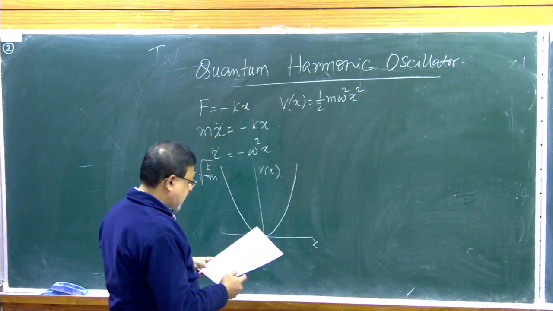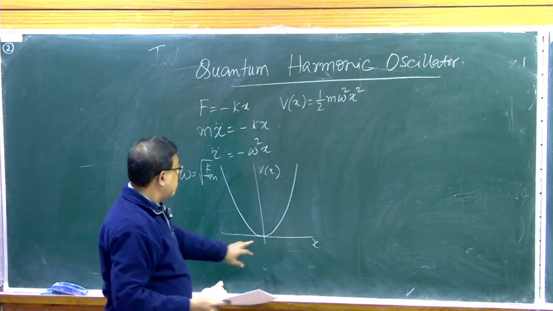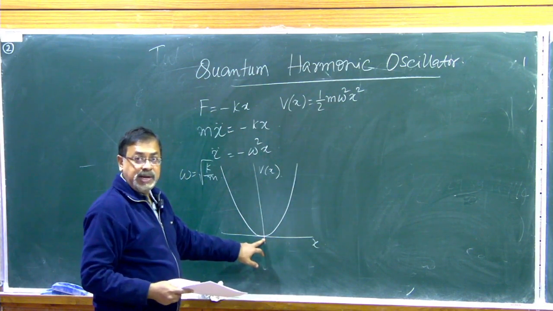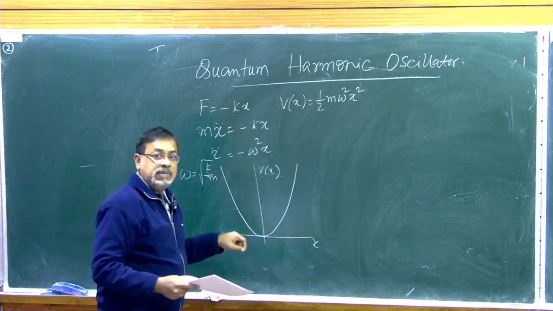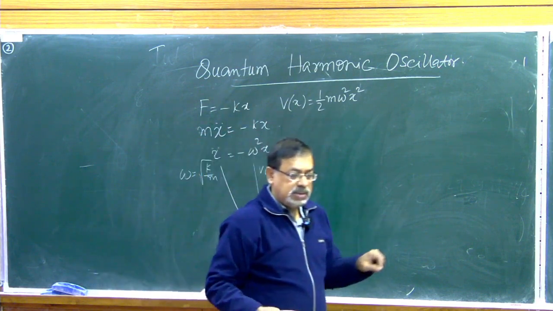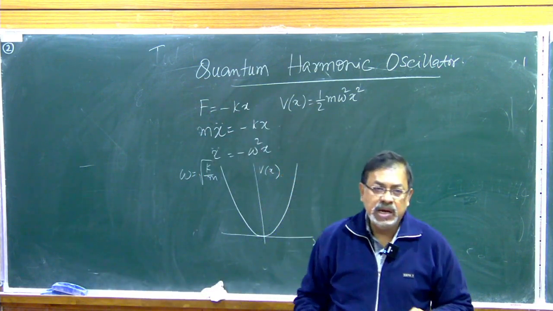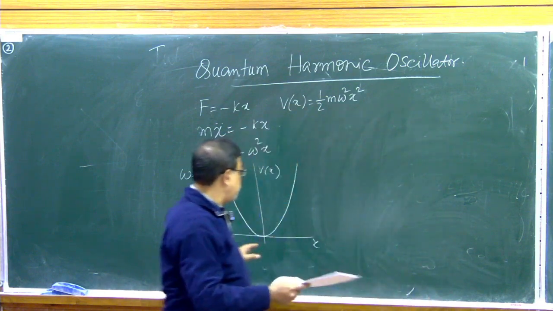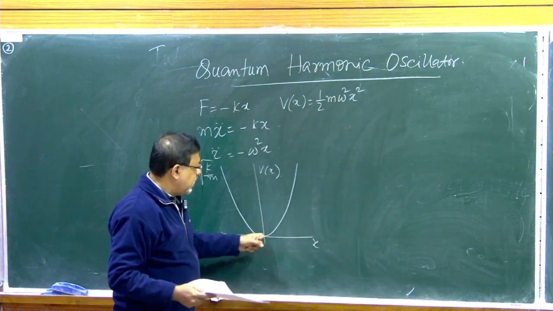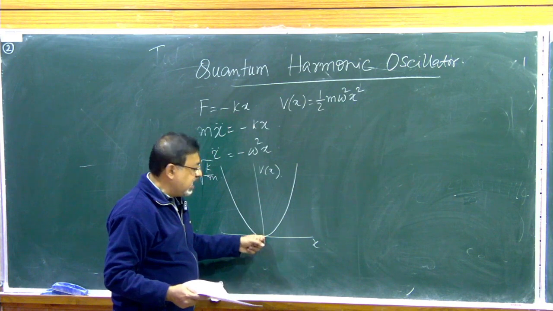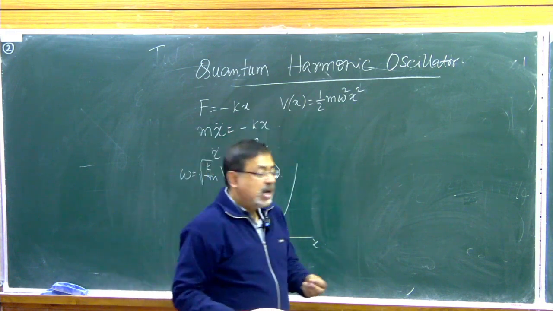And then we know that this has a minimum at this point, and if you displace the particle, the particle will undergo a simple harmonic oscillation, which you can understand by doing a Taylor expansion of V of x about this point.